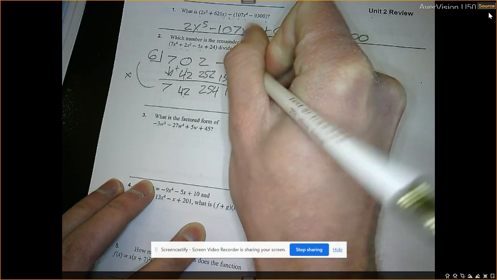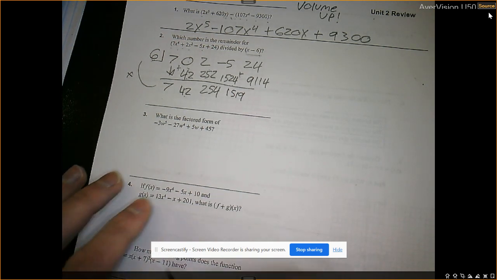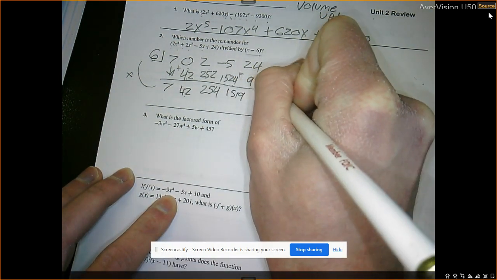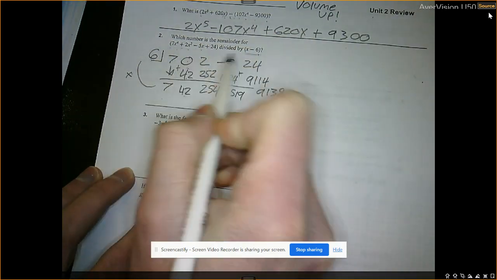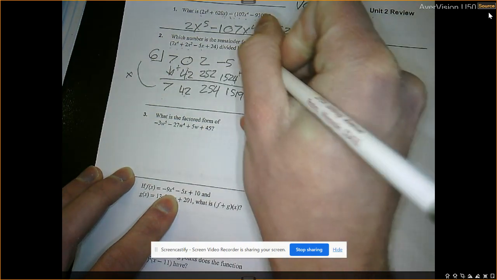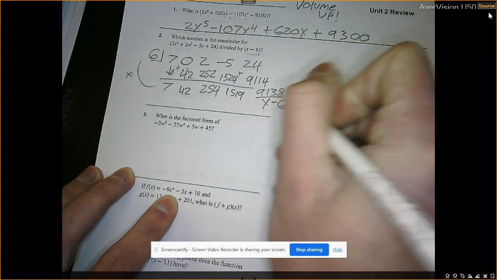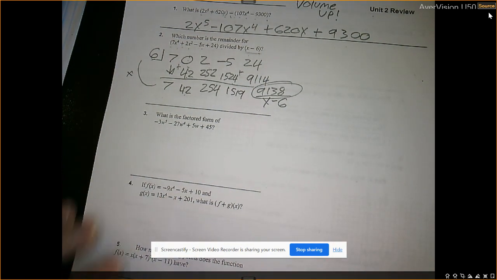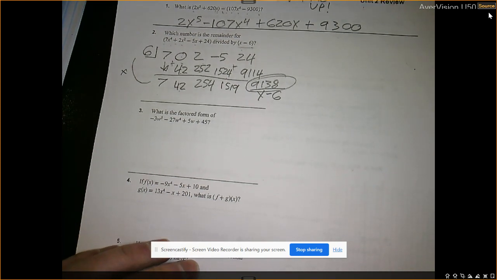Okay, I lastly add straight down once more. 24 plus 9114 is 9138. Okay, and it's saying, well, do the division, but which number is the remainder? It's always going to be this last one, and you throw it over that x minus 6. So that 9138 over x minus 6 is your remainder.